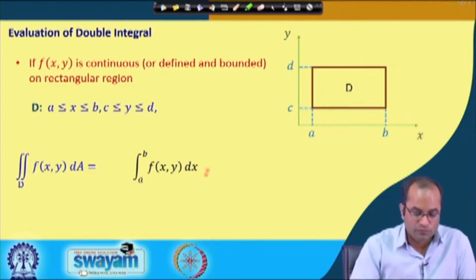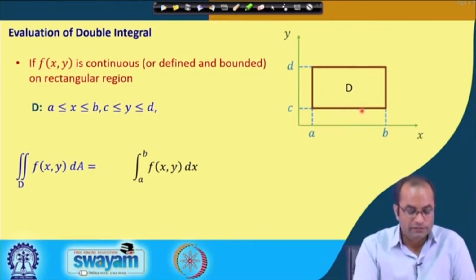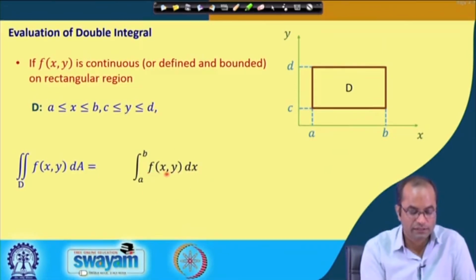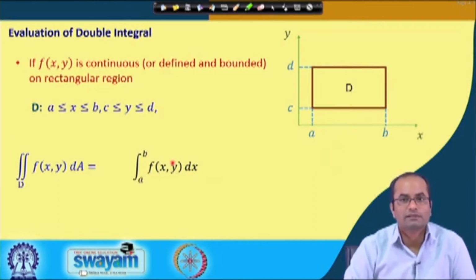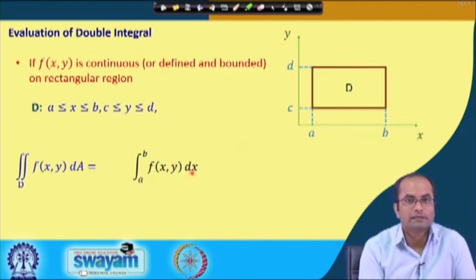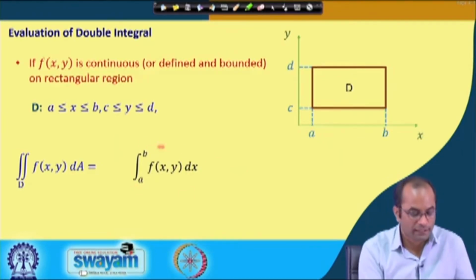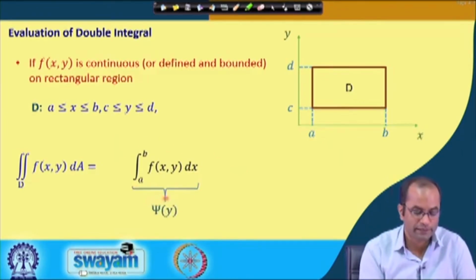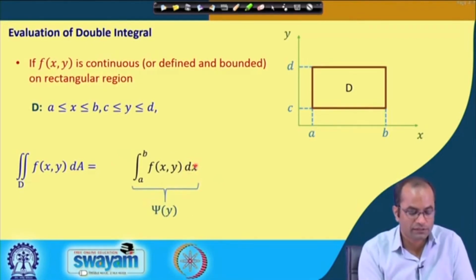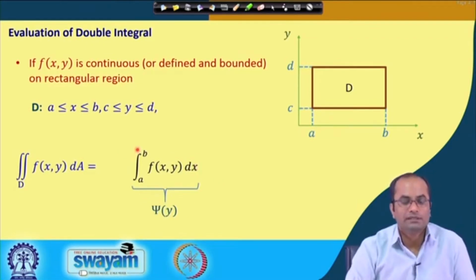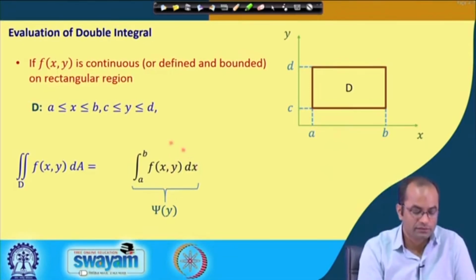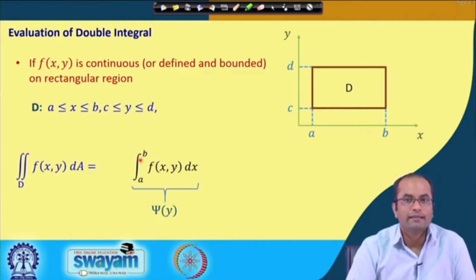We could also do y first, it does not matter in this case. We take the integral of f(x,y) dx, treating y as a constant, from a to b. Now this becomes a function of y.